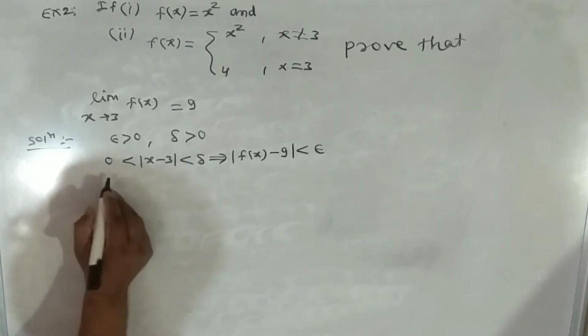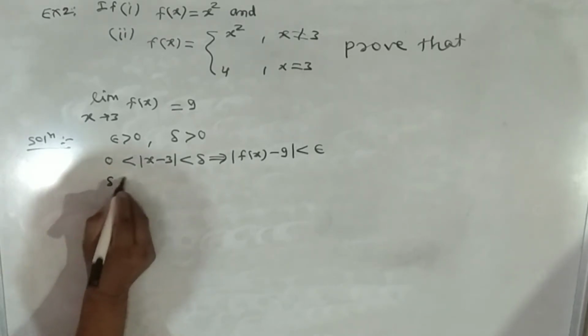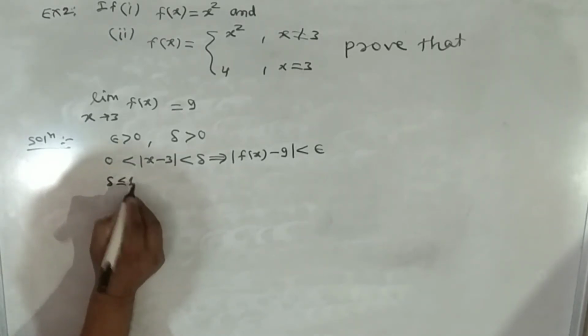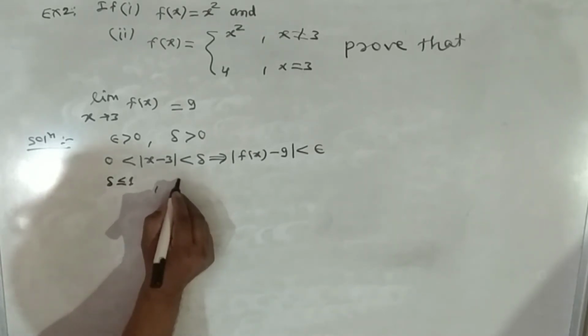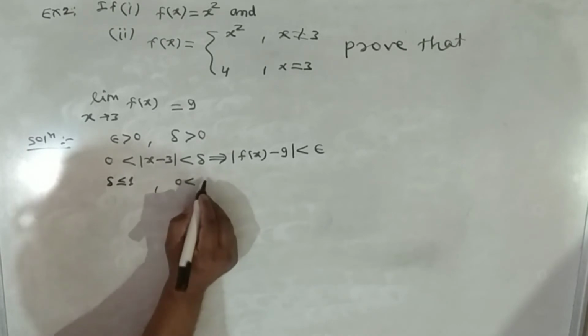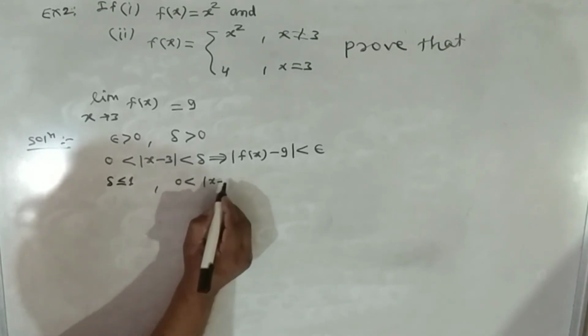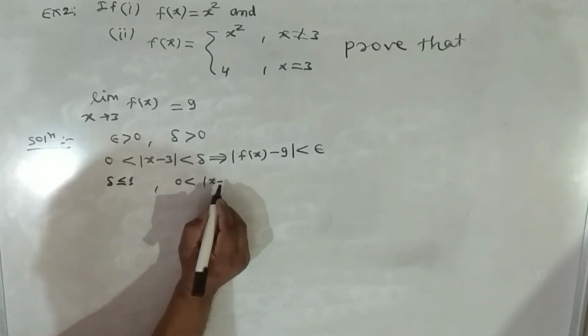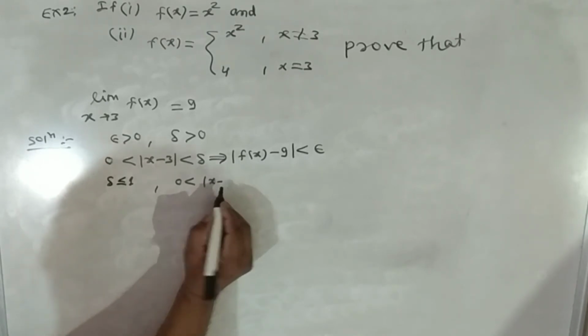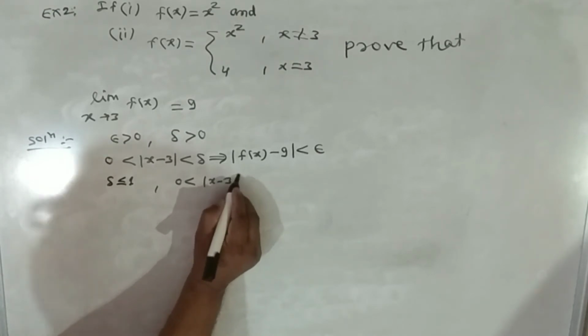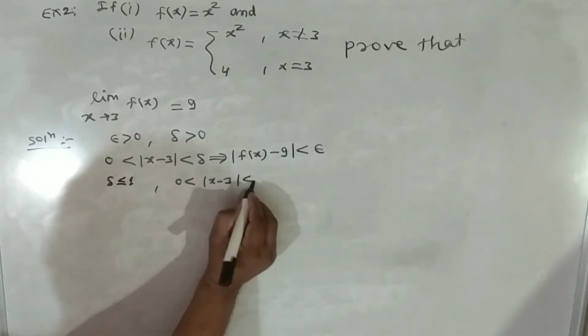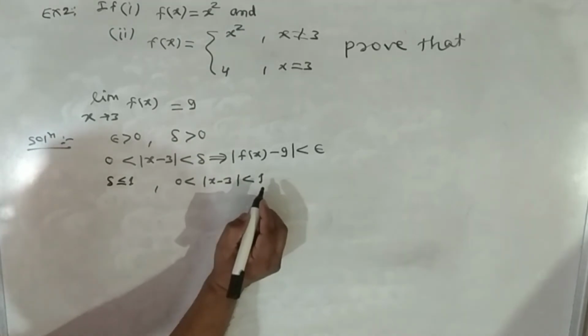Now we choose delta less than or equal to 1. Then 0 is less than mod x minus 3, which is less than 1.